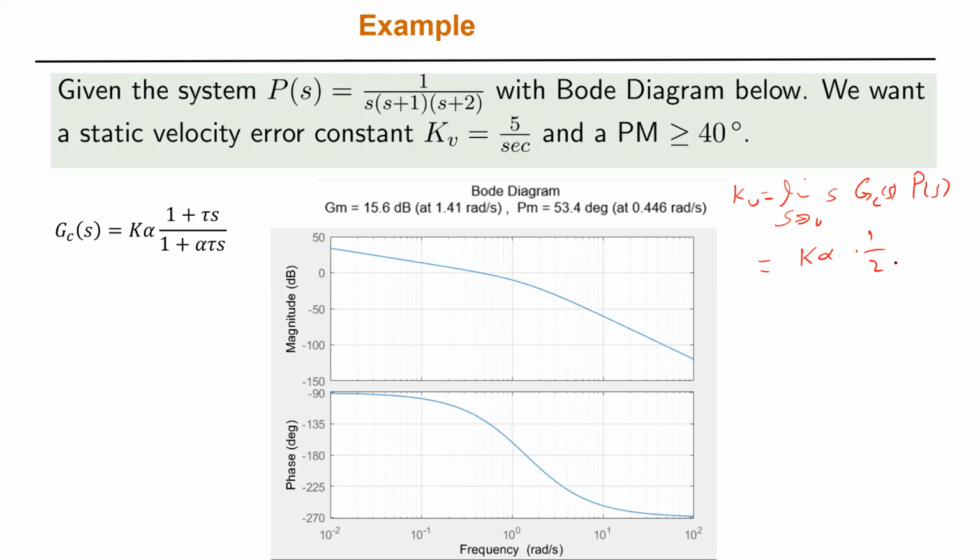That's it. And this must be equal to 5. So K alpha must be equal to 10. So let's use this 10 in here and get the new Bode plot, because we said the first thing we do in the design is to satisfy the steady state error.